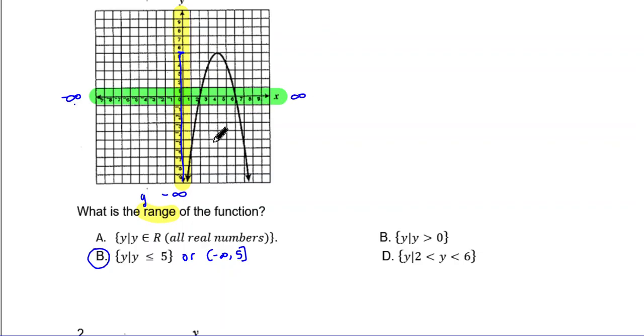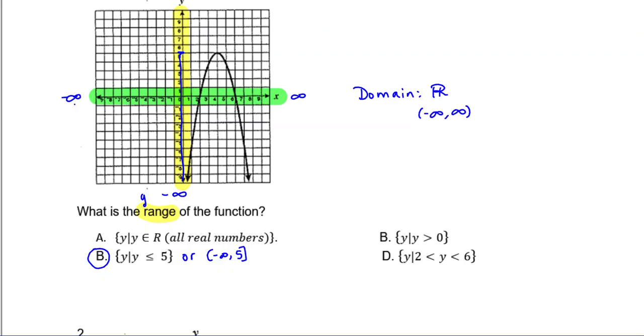So if I look at this graph, the arrow, even though it's pointing down, is also going to the left. So it's going to start from negative infinity to positive infinity. So the domain for this would be all real numbers, or we can say from negative infinity to positive infinity.